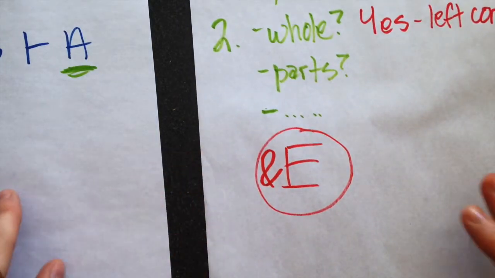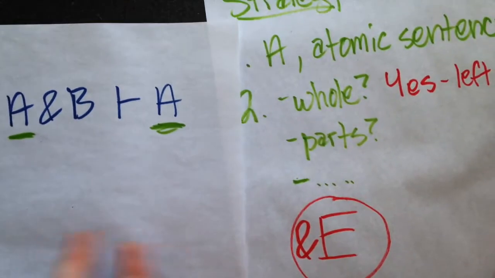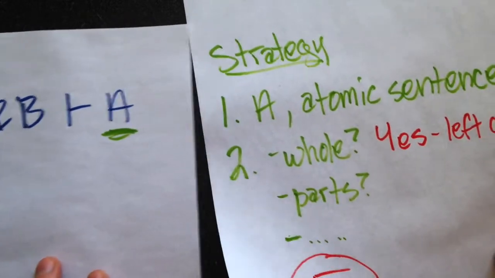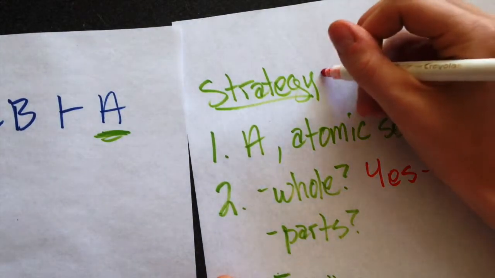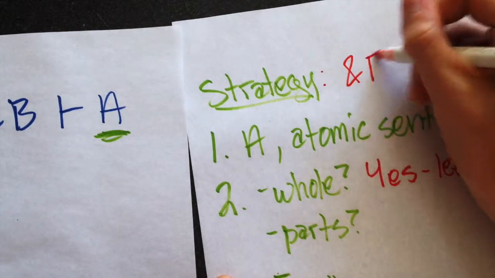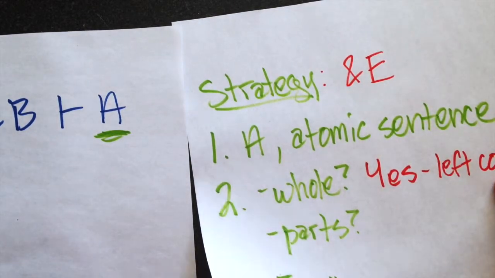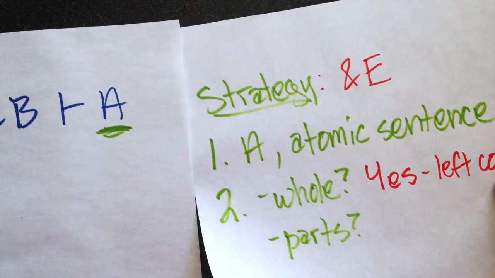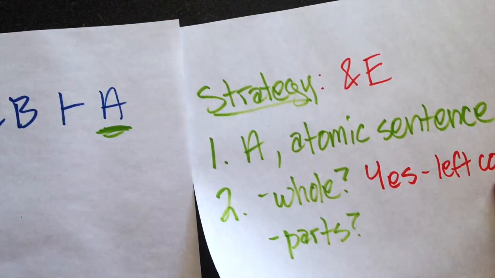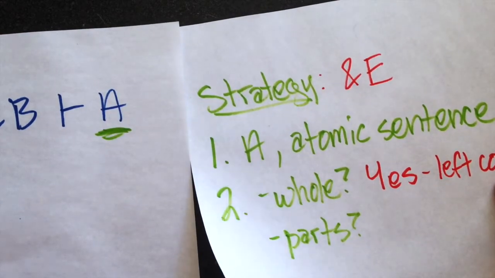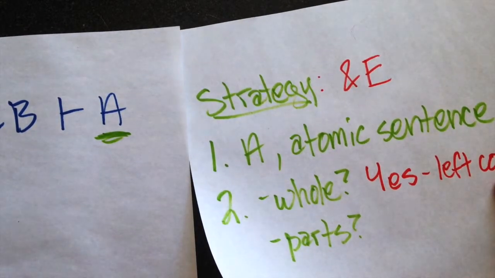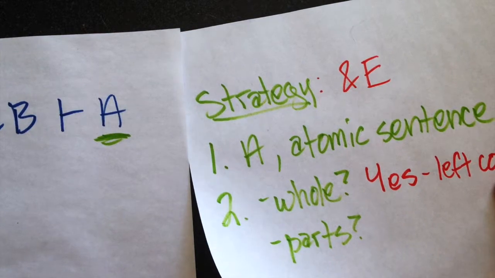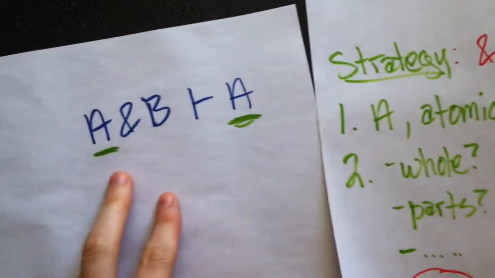Okay. So in this proof, our overall strategy, remember that's what we were trying to figure out, is going to be ampersand elimination. And now what we've actually done is we've identified the very last step that we're going to take in this proof. Okay, and now our job is to connect that last step to the first steps of the proof.